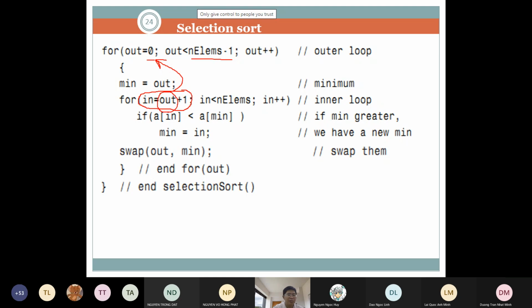Is it possible to start from 0? Everyone? Why should we start from out plus 1?